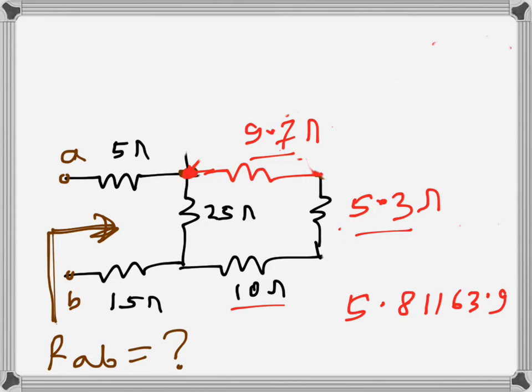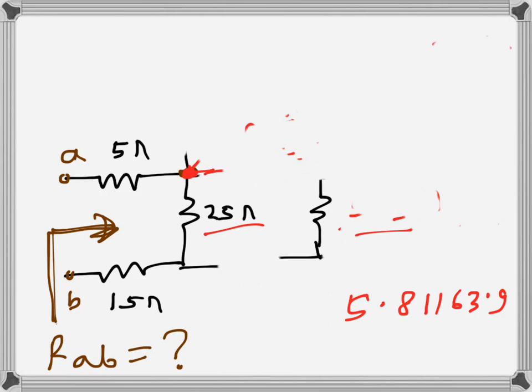then the combination is coming in parallel with the 25 ohms. So 9.7 plus 5.3 plus 10 is 25, since these three are in series, so just 25 ohms. So I will remove that. It's now 25 ohms.